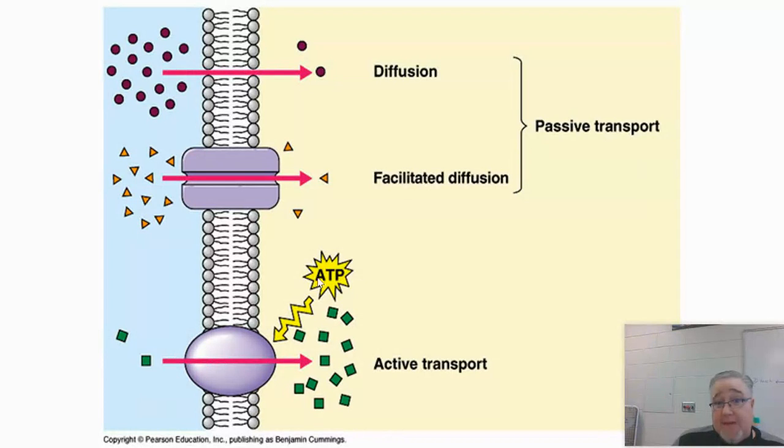Energy has to be used. Okay, so this is an active type of transport. So again, I like this diagram because it shows us everything. If you understand this diagram, then you understand all the different types of transport that can occur across the membrane. Okay, so this is an important one.